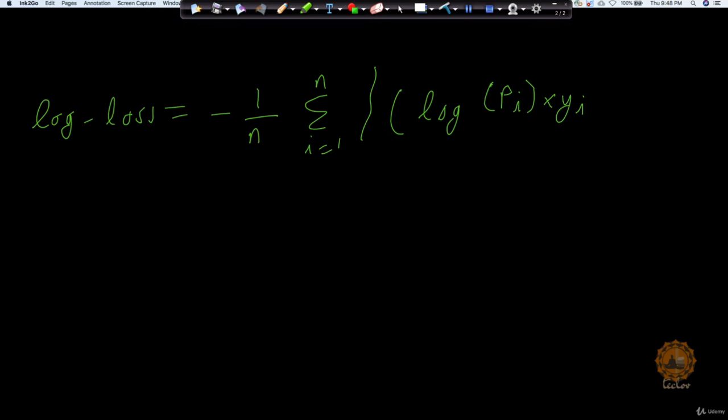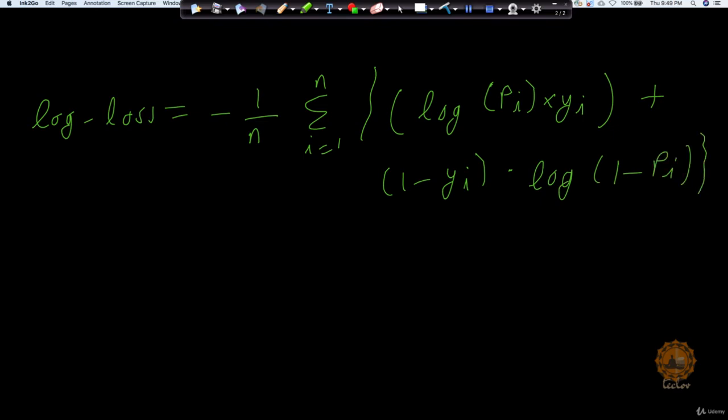This is the first thing, plus 1 minus yi. Between both of them, only one is going to be true. So if the value is 1, then this value will become 0, right? So only this term will make sense. And then log of 1 minus pi, which is again the probability.